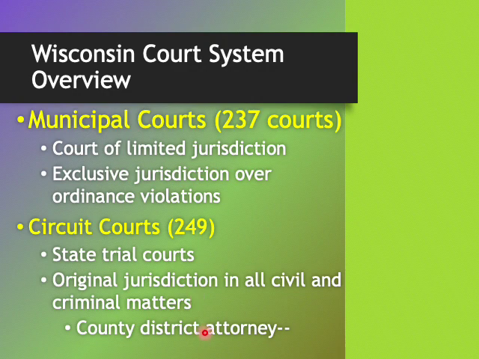And it is the county district attorney, or the county DA, whose office based in their county works in the Wisconsin circuit courts. And there are 249 of these. And the circuit courts are organized according to counties. So Waukesha has their circuit courts, Milwaukee has their circuit courts, etc.